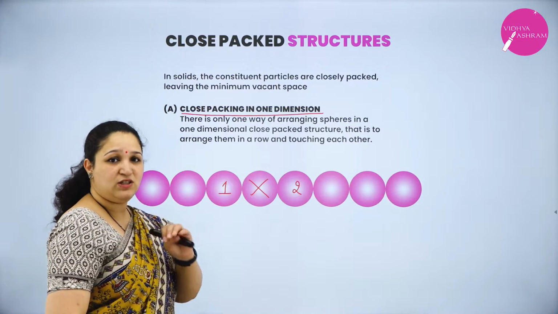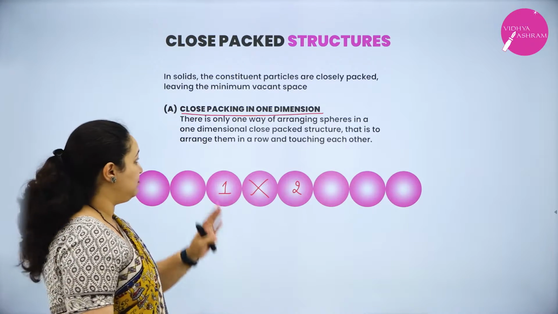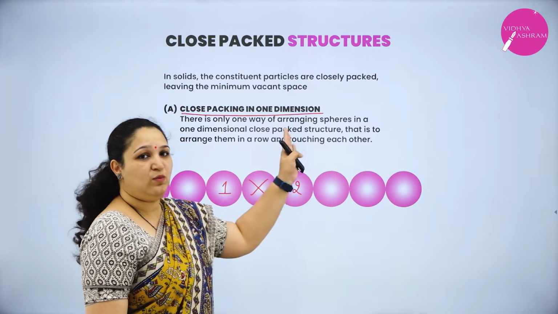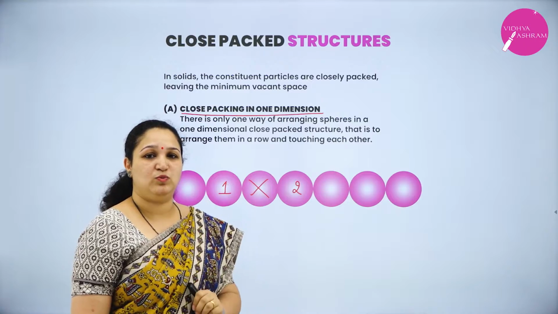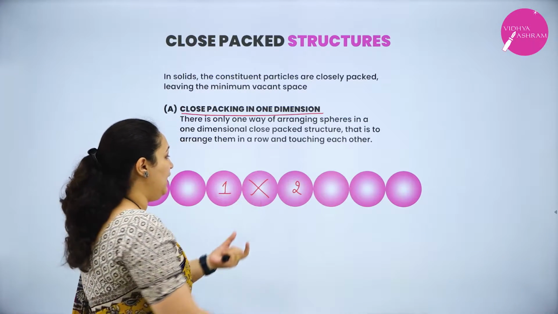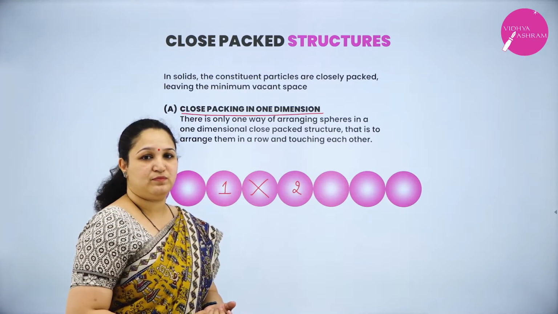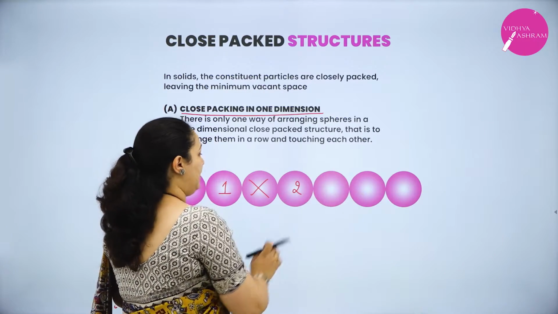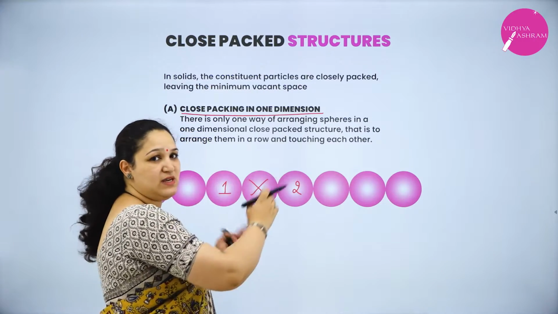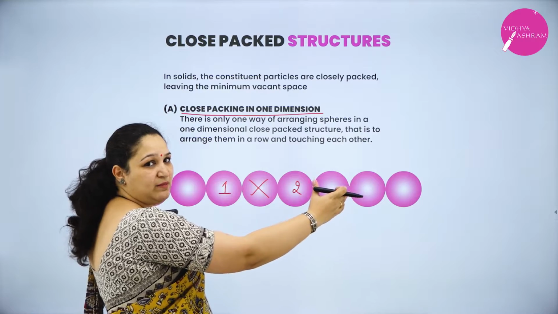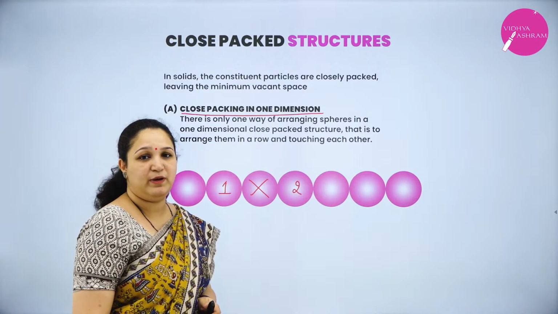So, the coordination number in close packing in 1 dimension is 2. Why? Every particle has 2 neighbors, except the edge, because we are learning in 1 dimension.